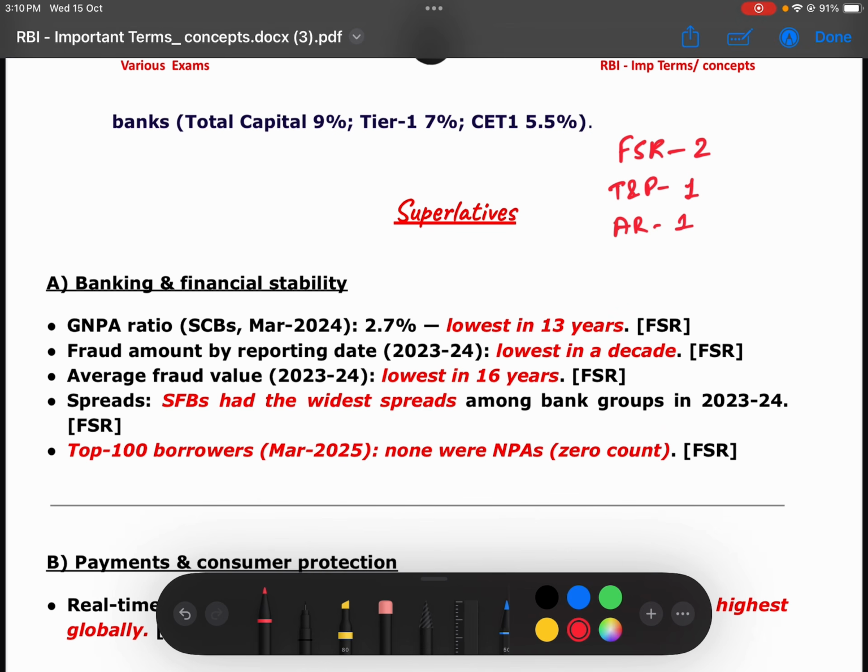From those reports, we have covered some important things. If we start covering entire reports, we can, but you have to focus on limited things. If you have time, you can cover other things also, but here I will explain the important things only.